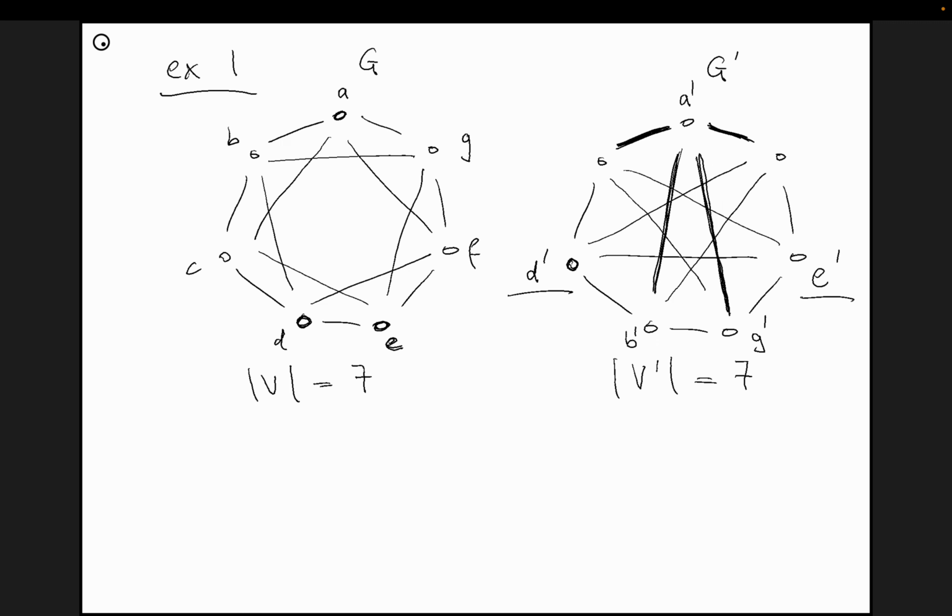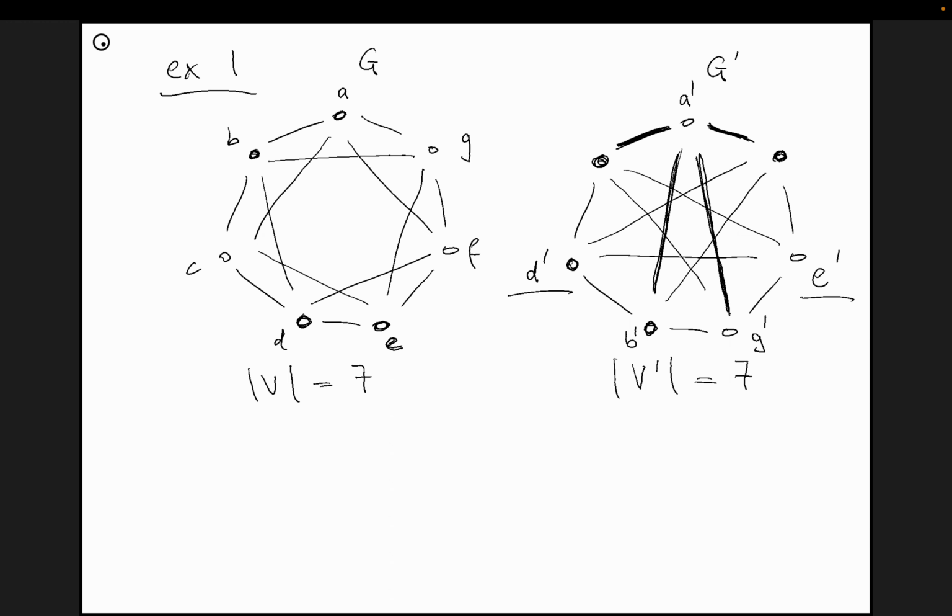Okay, and now all we have left is those two edges. So how should we call them? Now if we put ourselves here into B prime, the corresponding vertex is B here.